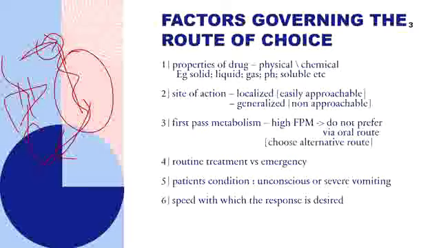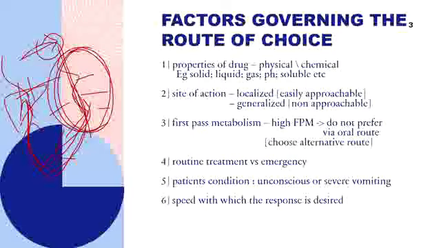The drug passing through the GIT is utilized, which is known as first pass metabolism, and the amount of drug remaining which goes to circulation is called the bioavailability of the drug. If a drug has high first pass metabolism, it will be utilized in the GIT and its bioavailability will be less. So the drug is not preferred via the oral route. We should choose an alternative route.